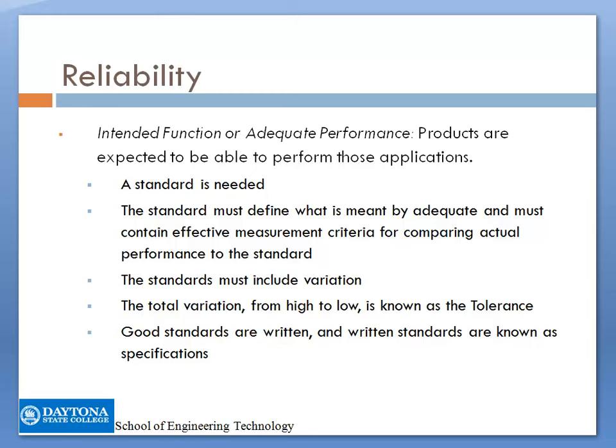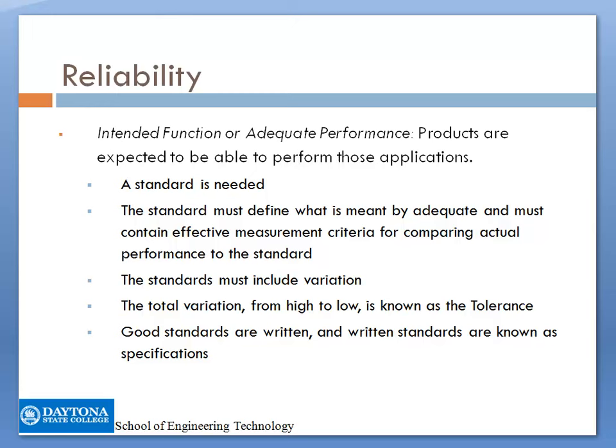Part of your second factor, the intended function or the adequate performance, has to do also with meeting the standard. And we know that a standard is needed. A standard must define what is meant by adequate and must contain effective measurement criteria for comparing actual performance to the standard. The standards also must include variation. We know that we have variation, so the total variation from high to low is known as the tolerance.